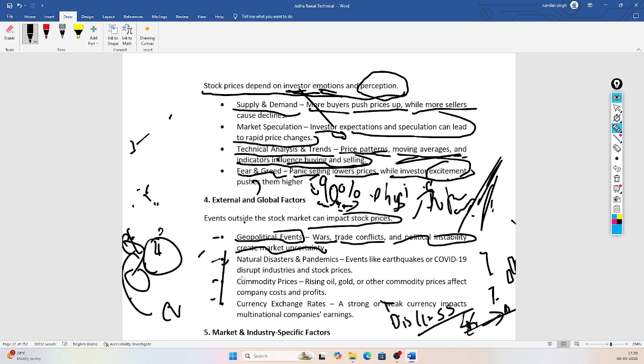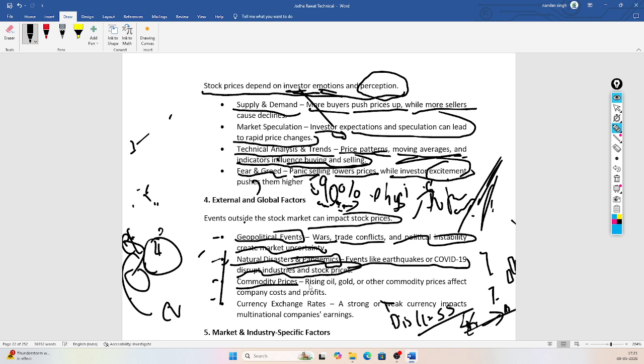And there are natural disasters also, like COVID-19, tsunamis, famine, floods, storms, and pandemics. Events like earthquakes, COVID-19, tsunamis, floods, famine and all disrupt industries and stock prices.